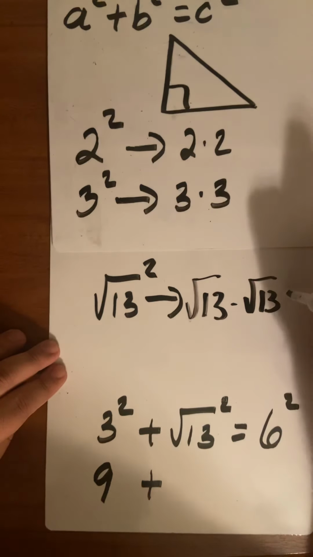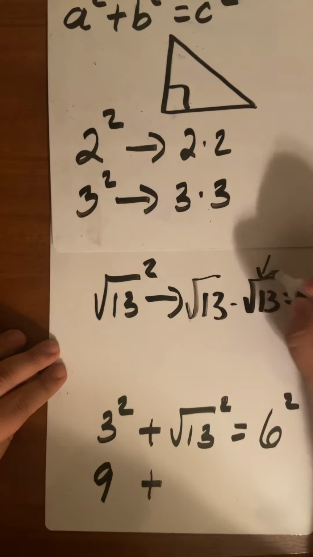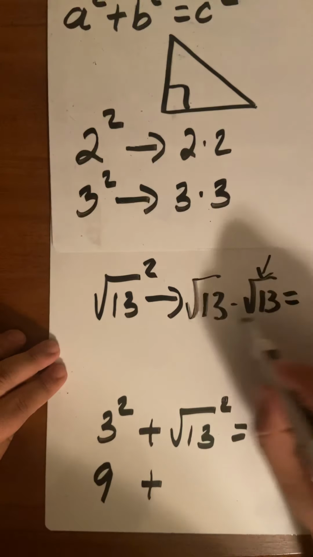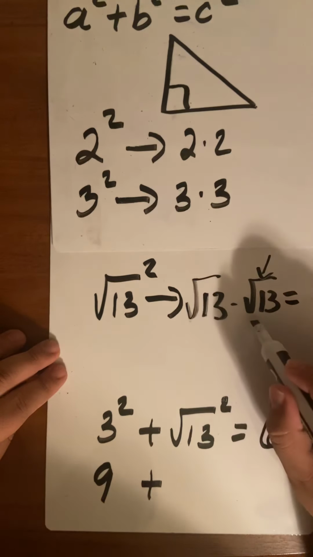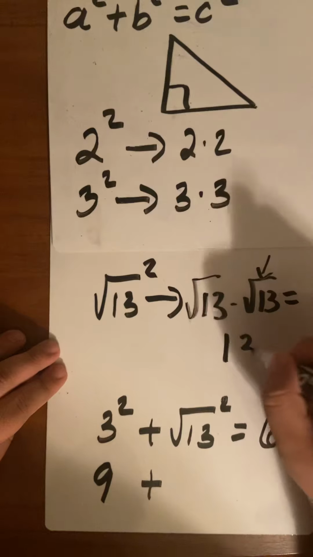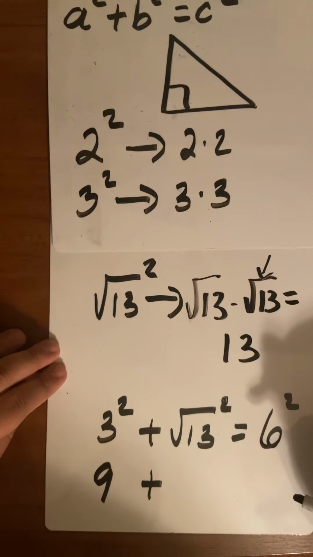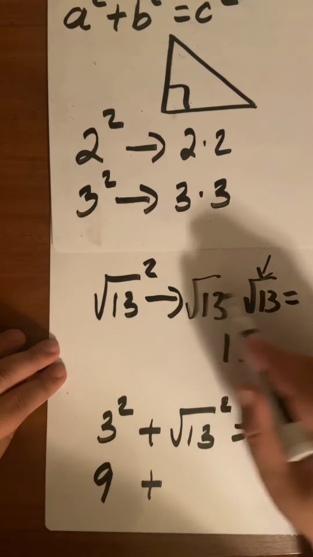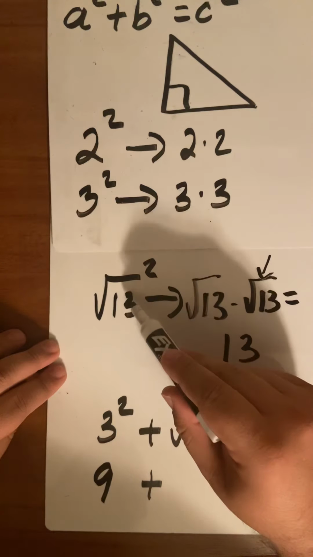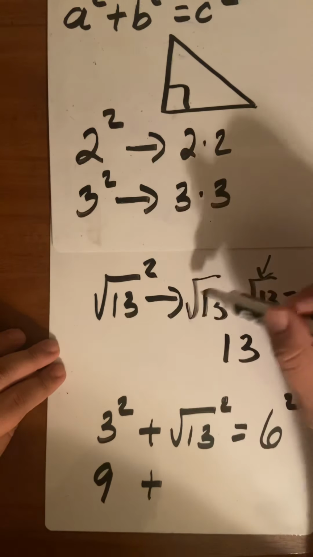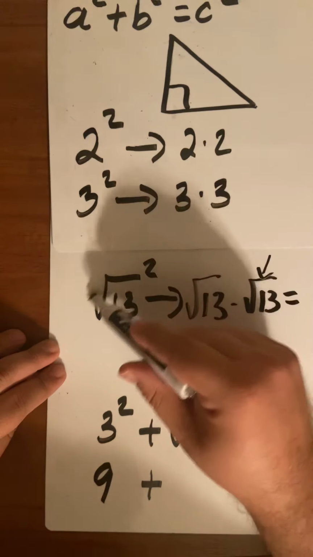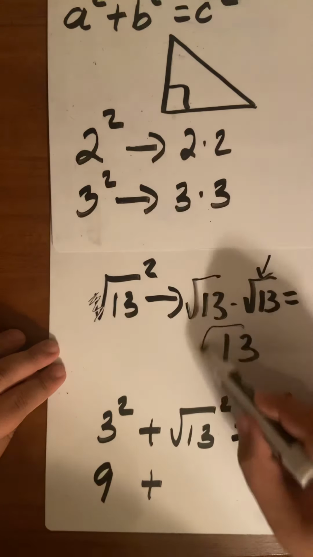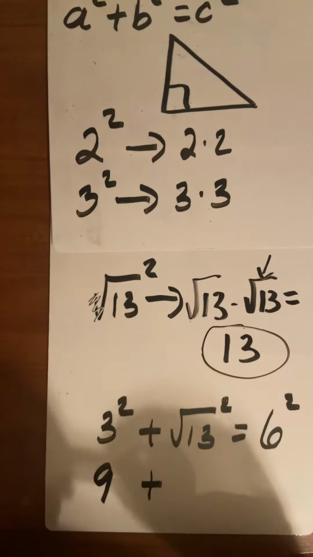The only thing that happens is this square root box disappears. The answer is simply 13. That's what happens when you square one of these square roots. All that happens is the square root box goes away, and you end up with just 13.